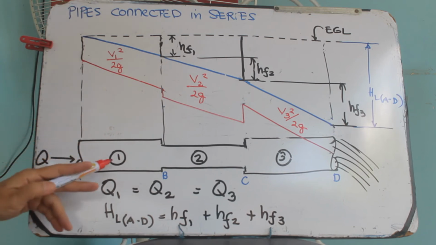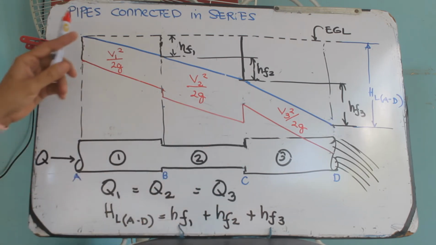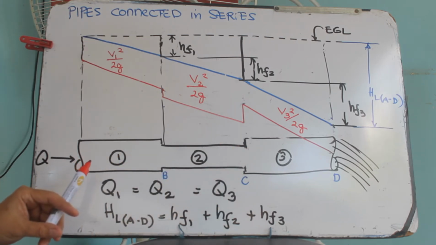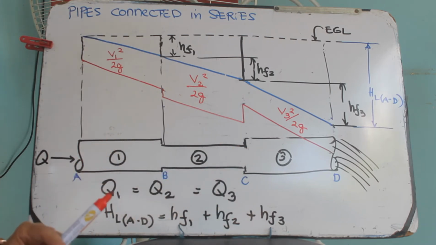So we have here pipes that are connected in series: pipe 1, 2, and 3. As you see, they have different diameters, and let us formulate the relationship between head losses and discharges.